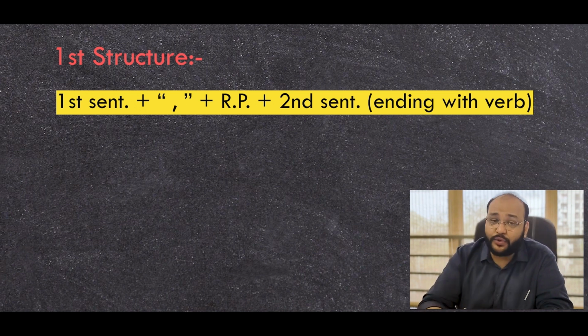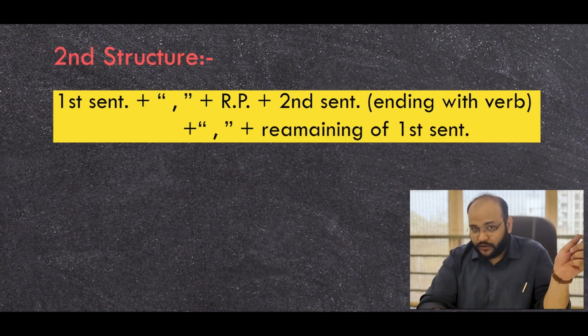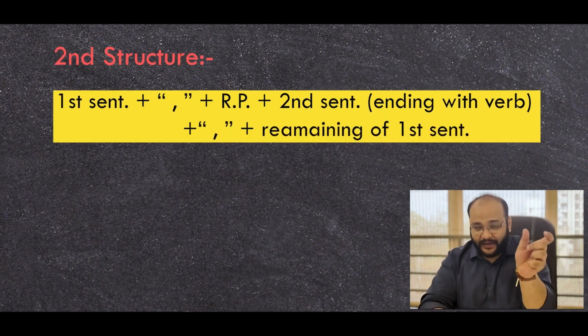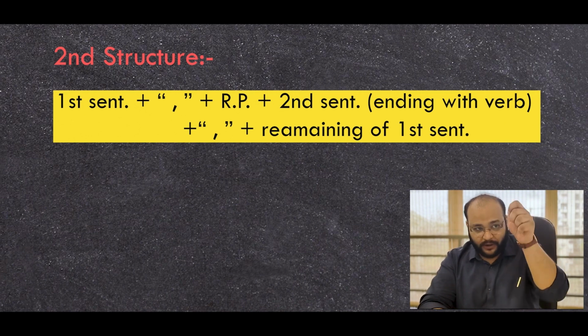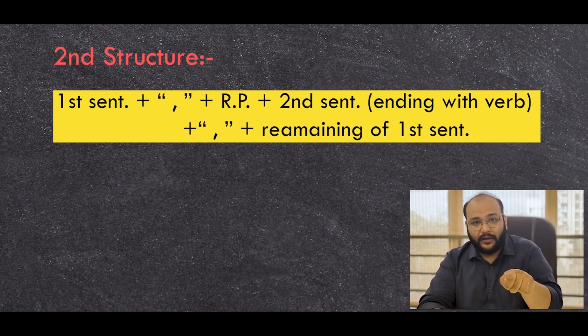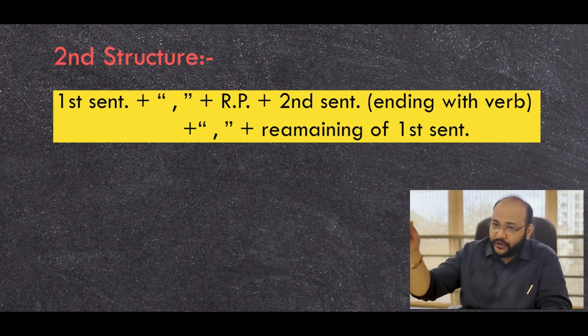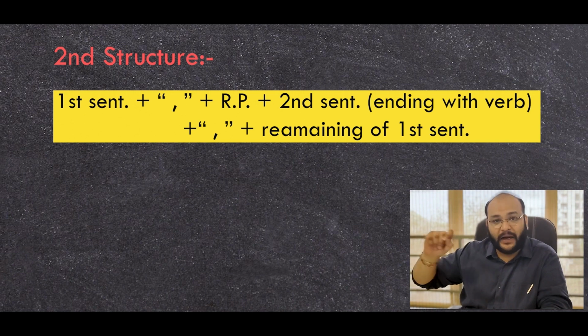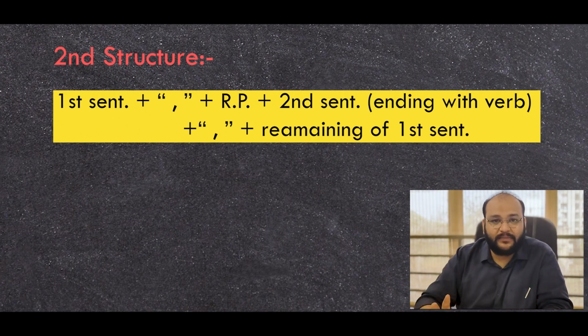The structure with two commas. So first sentence with obviously the relative word, as soon as I have the relative word, comma, relative pronoun, second sentence with verb at the end, one more comma, and the remaining part of the first sentence.